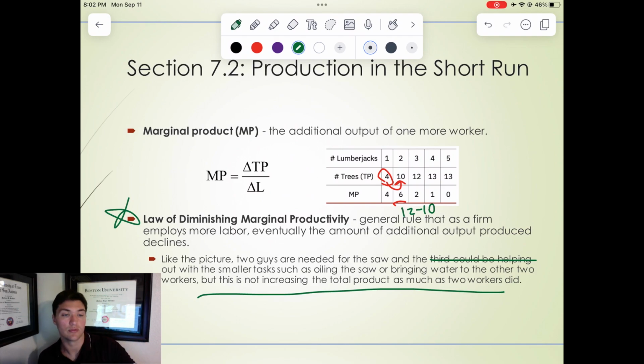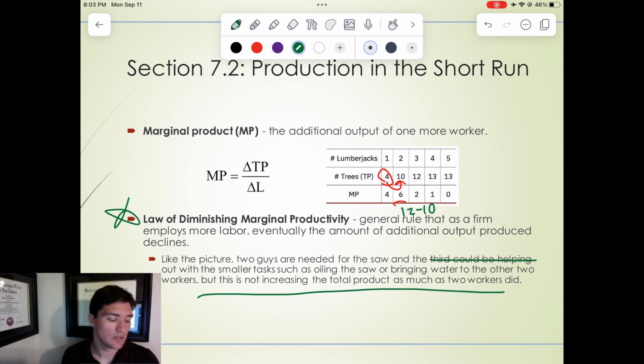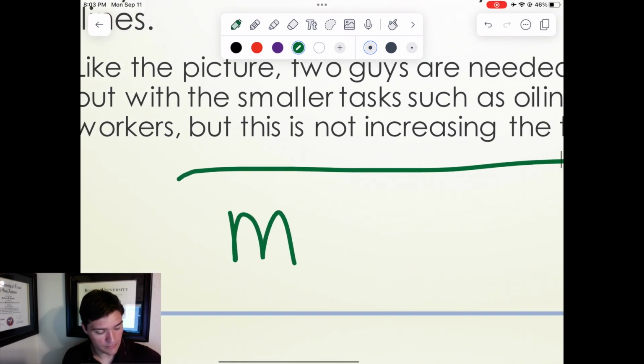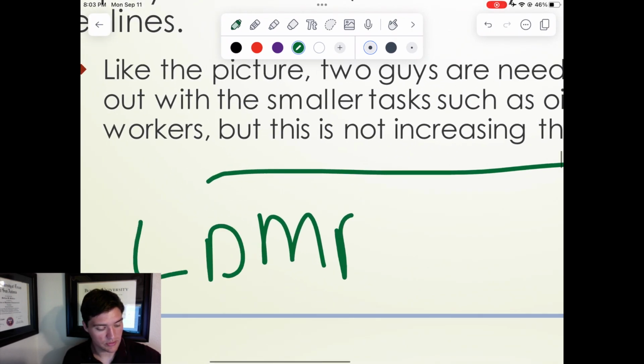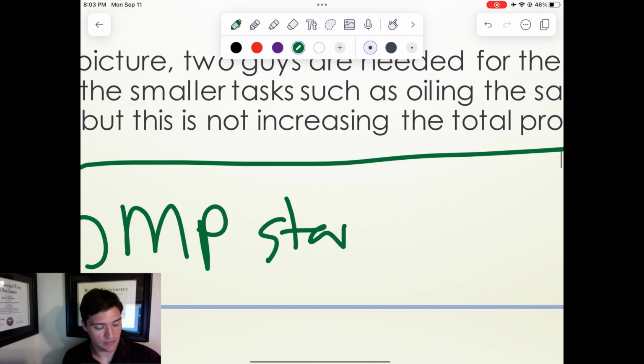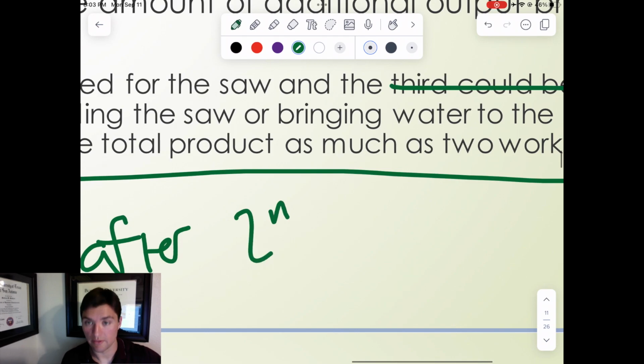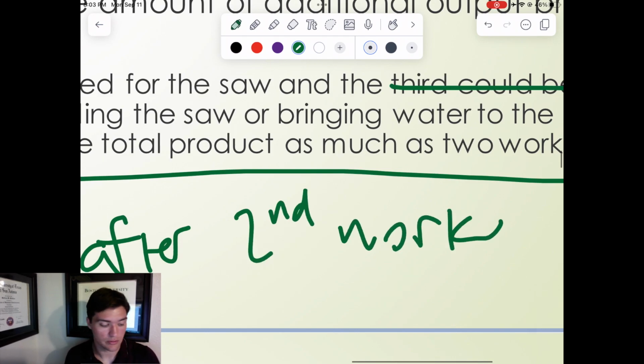When it goes down, that is when it's diminishing. So the law of diminishing marginal productivity starts after the second worker, or it started with hiring the third worker.